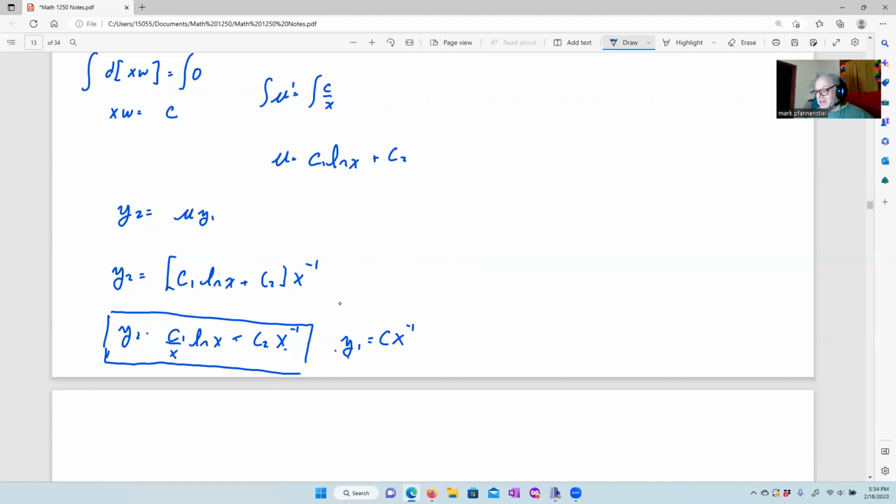We don't really need this one because this is a linear combination here. So we're just going to say y is equal to c1 ln x over x plus c2 over x. Okay, and those are my two independent solutions, and that's how you do reduction of order.